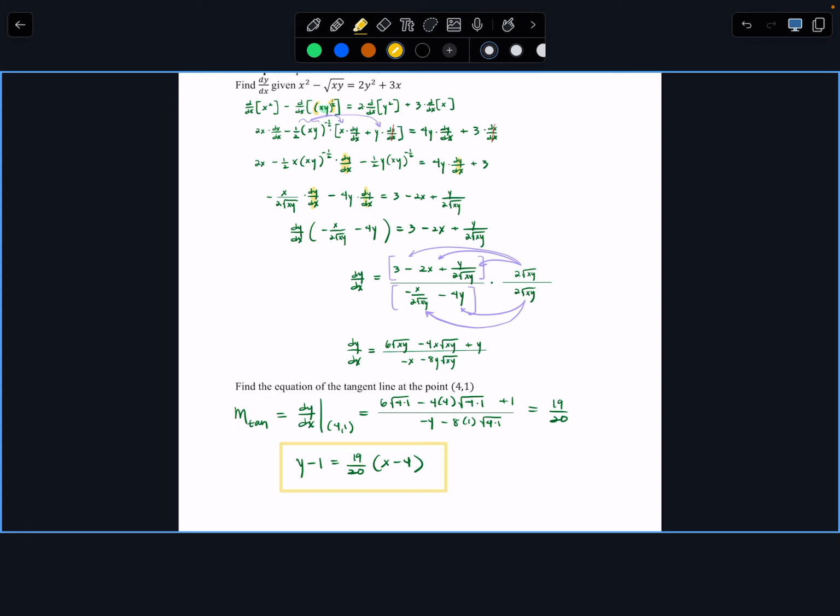Wait. My derivative was the opposite. I had the signs different on top and bottom, so it's still the same, but where did I go wrong? Why is it 6?